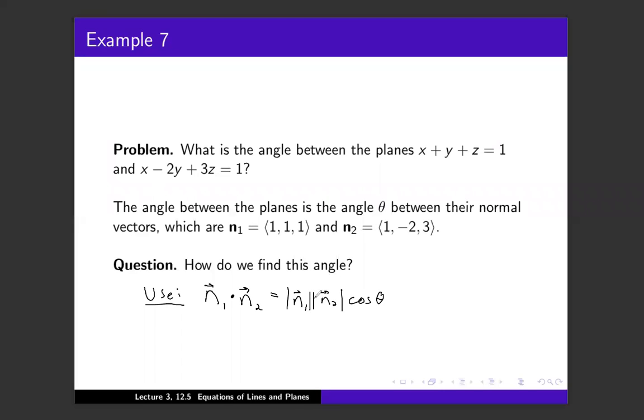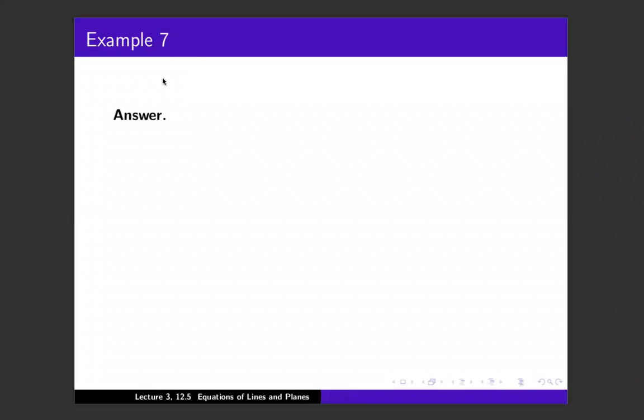Okay, so with that in mind, let's apply that to our problem at hand. So n1 is 1, 1, 1. N2 is 1, negative 2, 3.